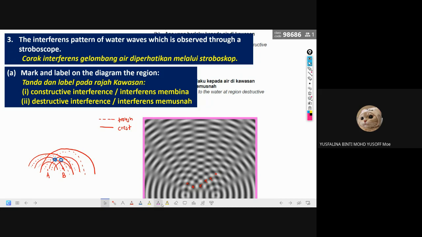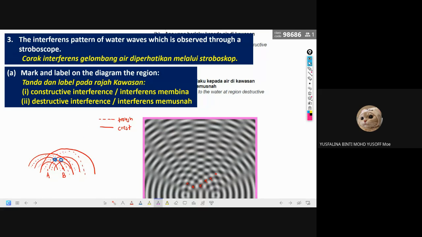Let's say for the destructive one, I use the pink. So this is the trough, you see the dotted line here? This is the trough, and this one is the crest. At this part, this is the trough and this is the crest. So what will happen here?